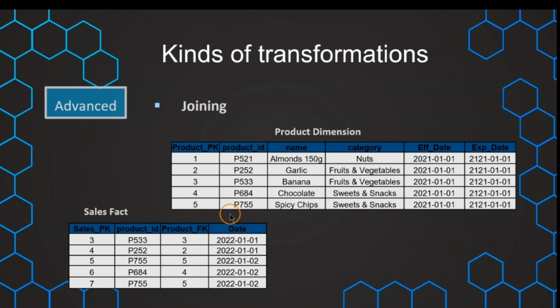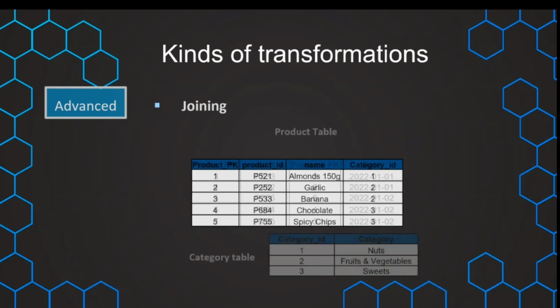We end up with only one value if we filter the data to only the values where this transaction date column is in between the effective and expiry date. But this is more of a specific use case if we are really working with slowly changing dimensions. Otherwise, a simple join will do the job.